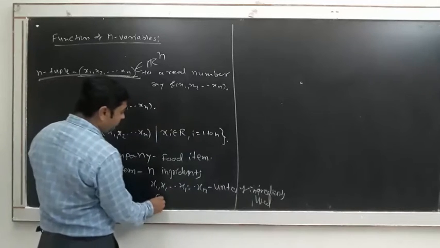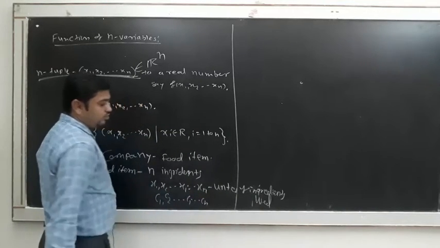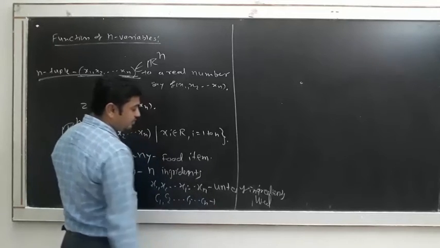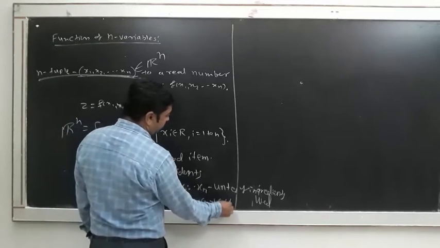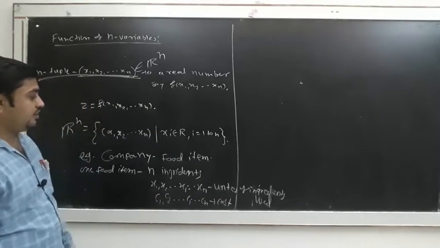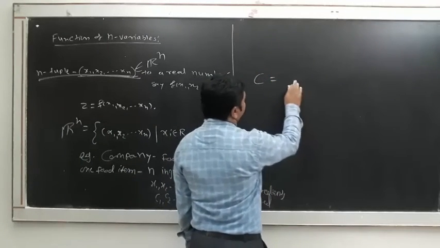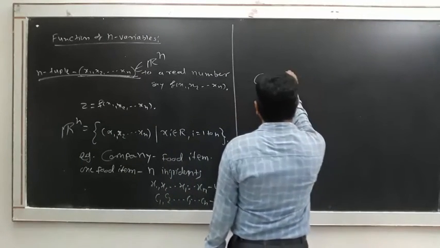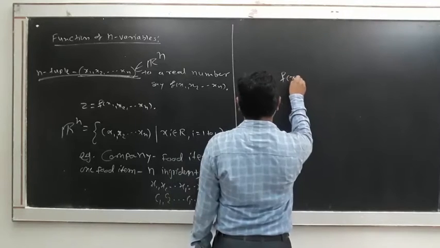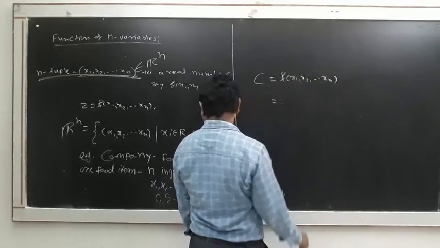And suppose c1, c2, ci, cn represent the cost of the ith ingredient. Then what can we write? Then the total cost, f(x1, x2, ..., xn). How do we find this cost?